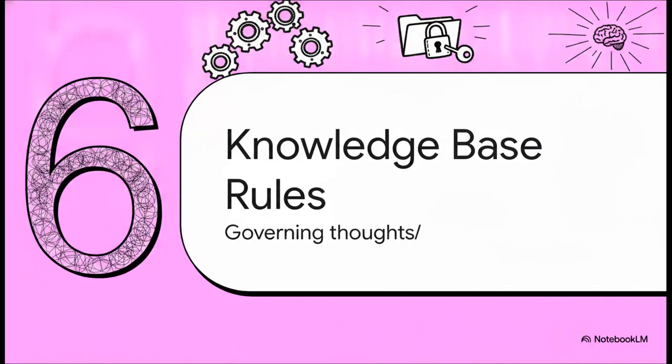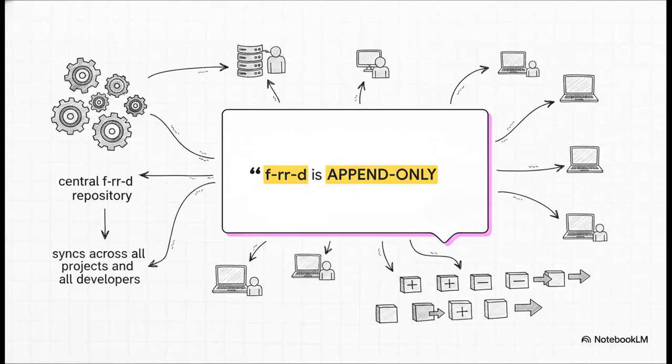Section 6, Critical Knowledge Base Rules. Let's talk about the strict, non-negotiable governance of that centralized thoughts directory you just created. You see, that thoughts directory is actually a clone of our central FRAD repository, and it syncs across all projects and all developers. Because of that, the absolute golden rule, the one thing you must internalize from this explainer today, is that the FRAD system is append-only.